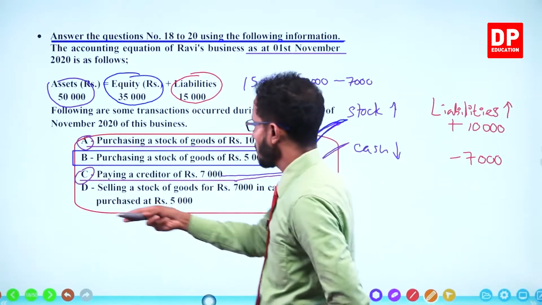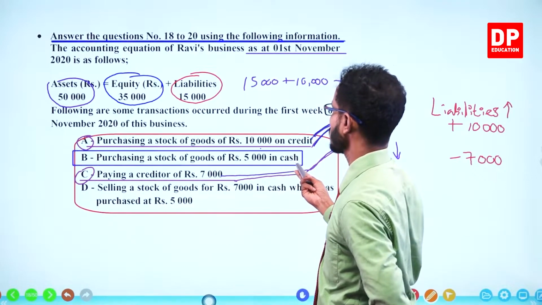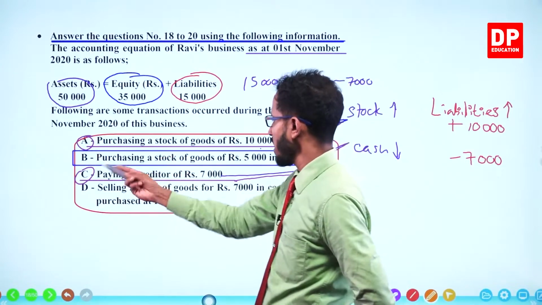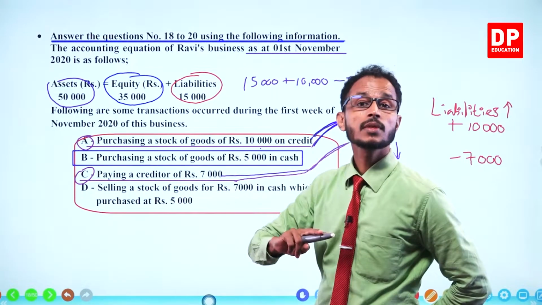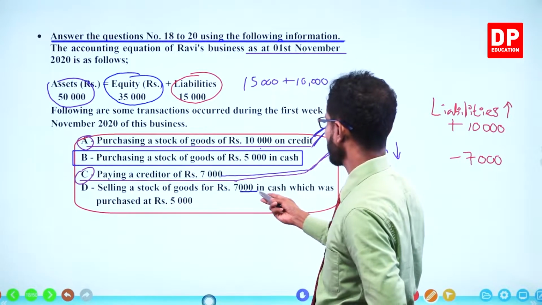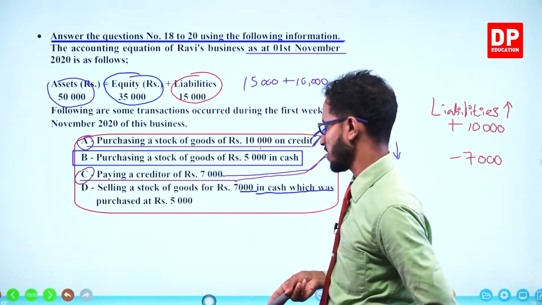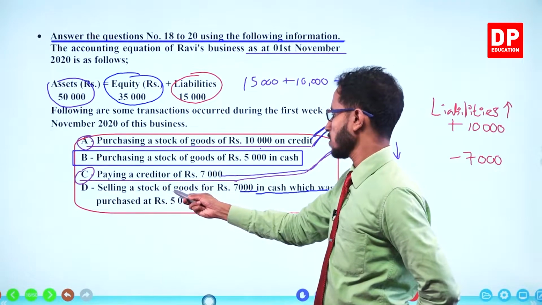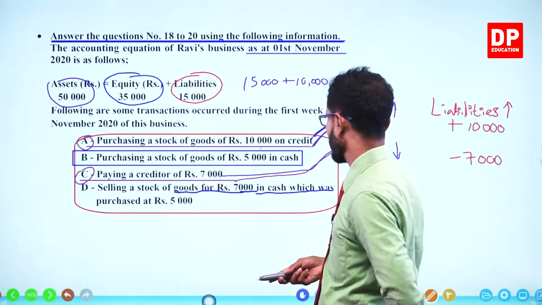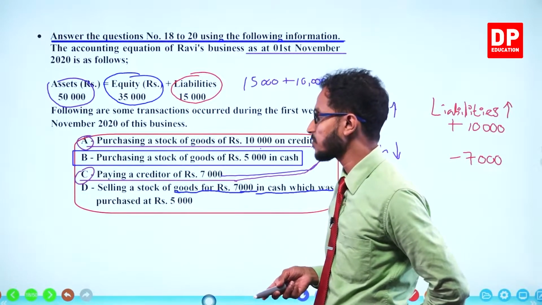Purchasing a stock of goods for 5,000 in cash? No. Paying a creditor 7,000? No. Selling a stock of goods for 7,000 in cash, which was purchased at 5,000.